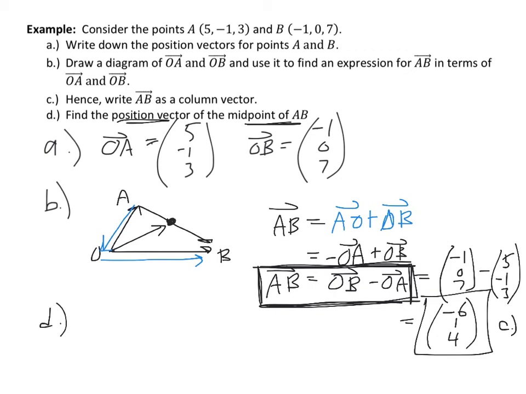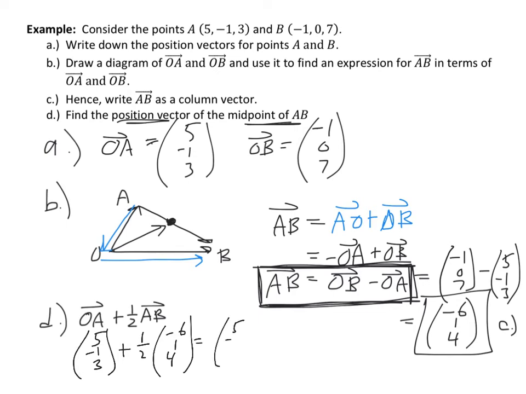So for part D, if I wanted to get there, I would go from O to A, and then I would use half of that AB vector. So we know that the vector OA is 5, -1, 3. And then we want half of AB, which we just found was -6, 1, 4.